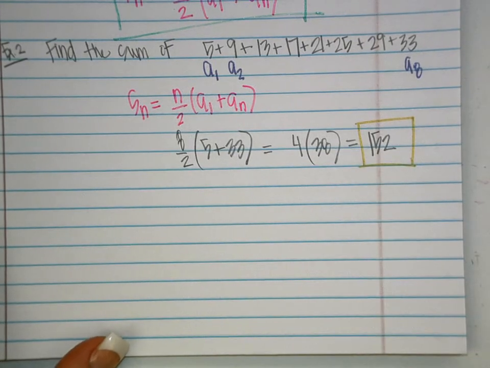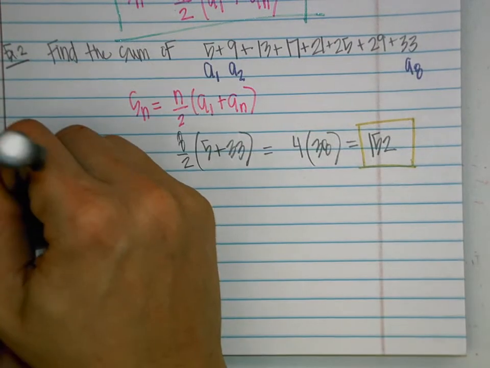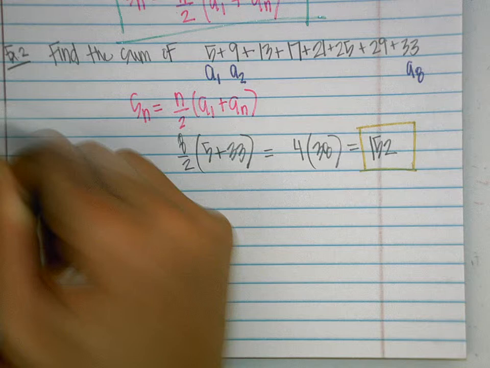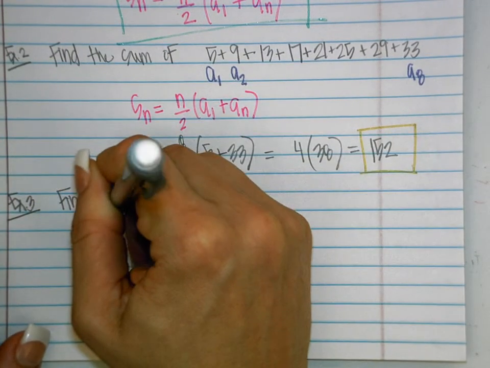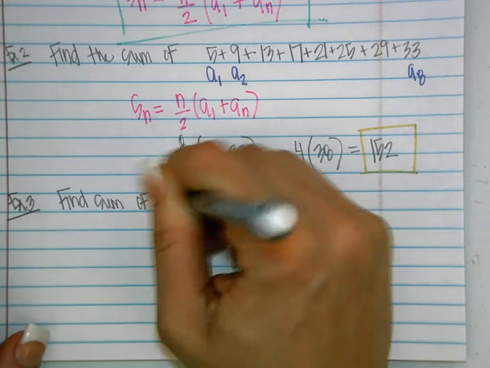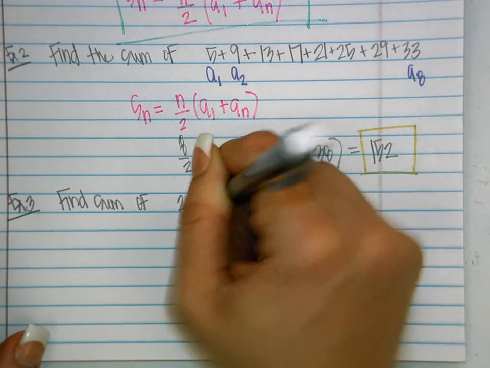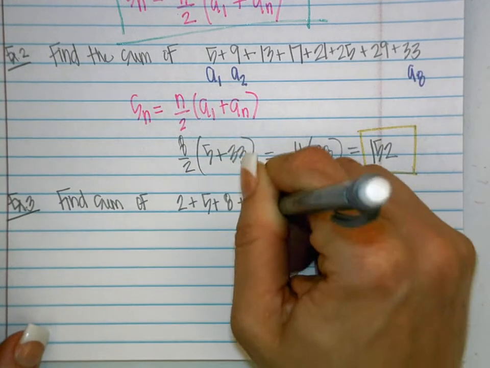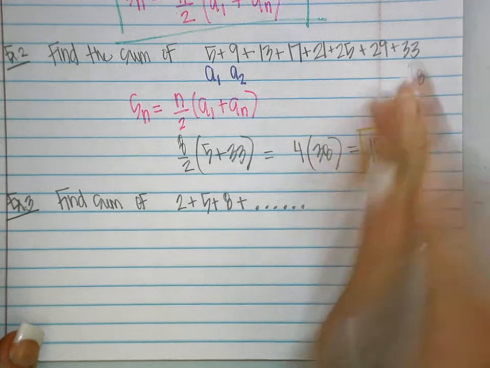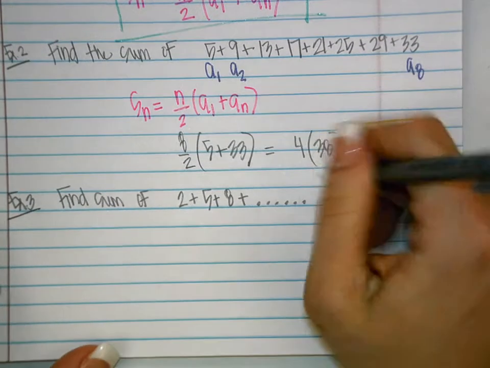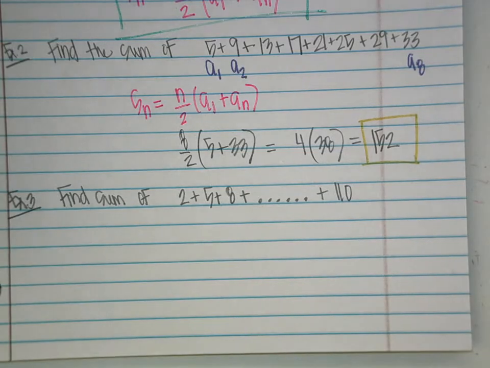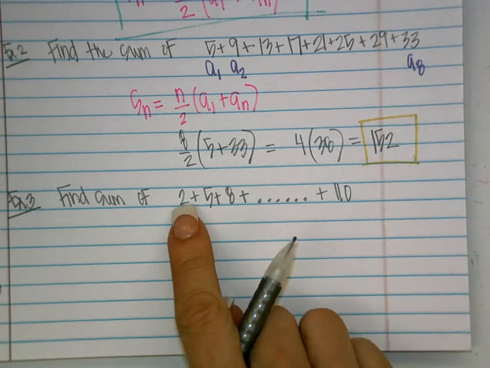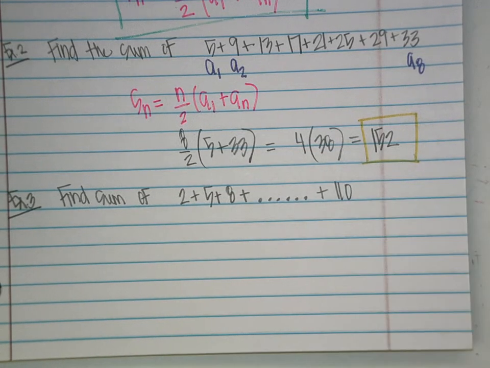But where it's going to become a bit more difficult is what if I tell you to again find the sum of 2 plus 5 plus 8 and keep going in this sequence, because it's still a list, until you get to 110. So add up all the terms between 2 and 110 if this is the pattern you're following.